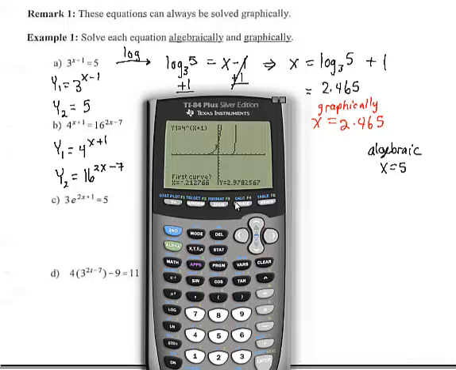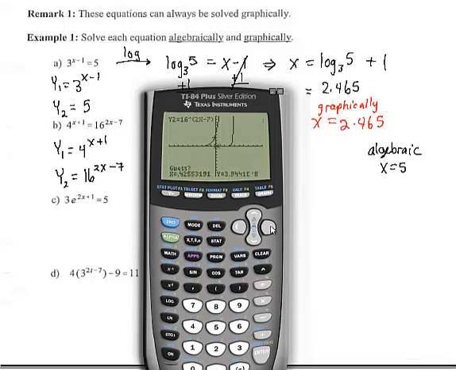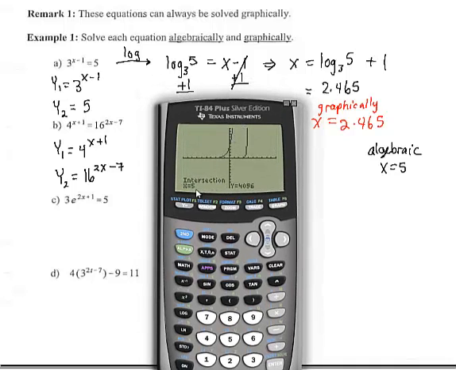When you go to second calculate and intersect, number 5, the cursor will jump to the first curve and you hit enter, and then check it to make sure it jumps to your second curve and then hit enter, and it did. It gave us the intersection.